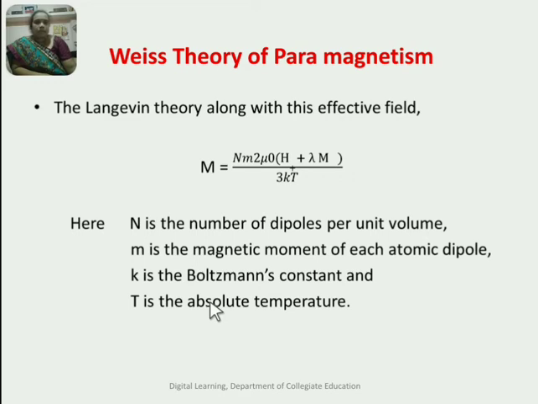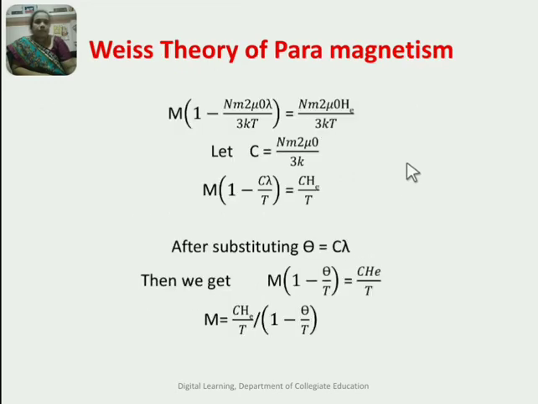Next is rearranging the terms. We get M into 1 minus N m square mu naught lambda divided by 3kT, which is equal to N m square mu naught He divided by 3kT, where we know that C is equal to N m square mu naught divided by 3k.